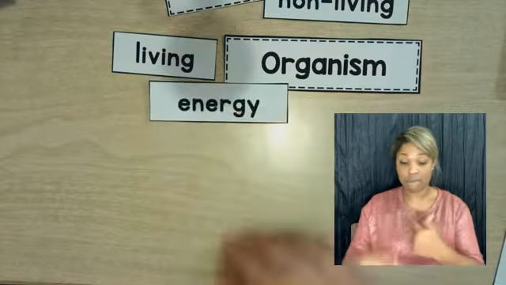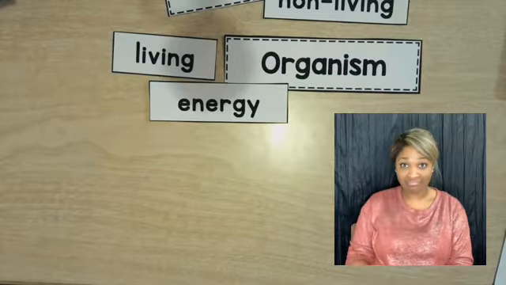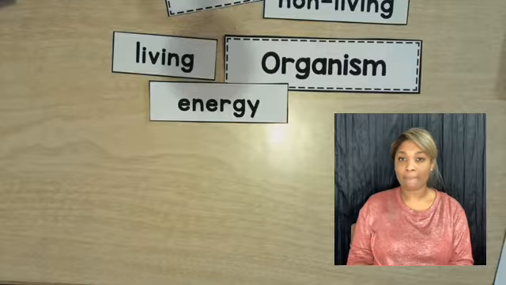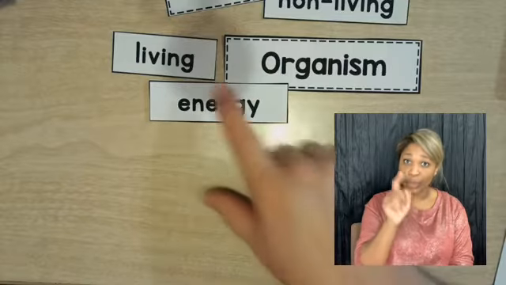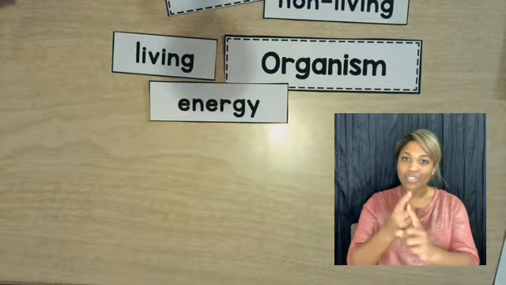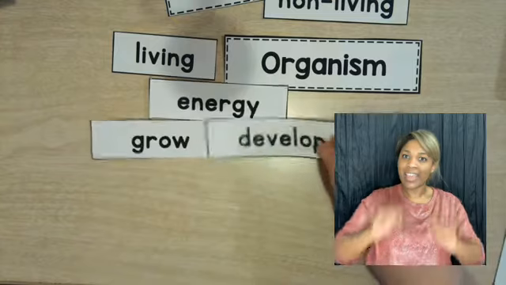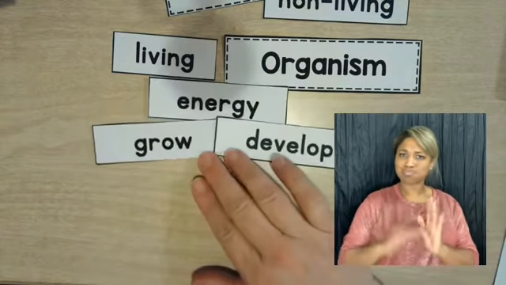It gets energy from food. Same as you. You are a living organism and you get energy from food. A living thing can grow and develop. Do people grow and develop?